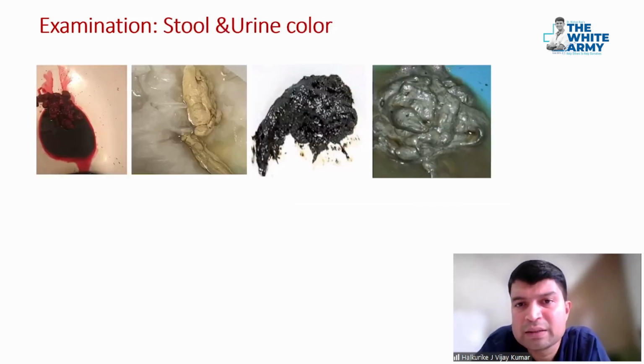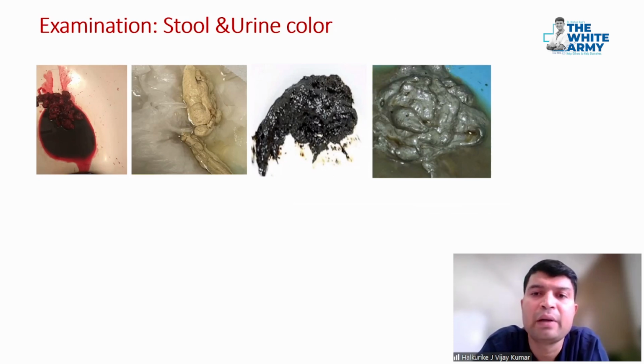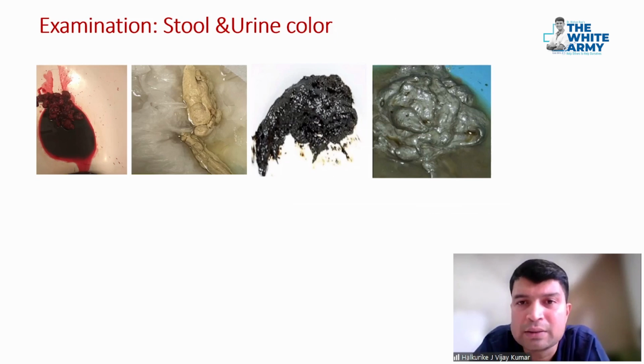A very, very important examination which we miss in the GI system is examination of the scrotum, and rectal examination. Examination of the abdomen is incomplete without examination of the scrotum, that is the mini abdomen, and rectal examination.